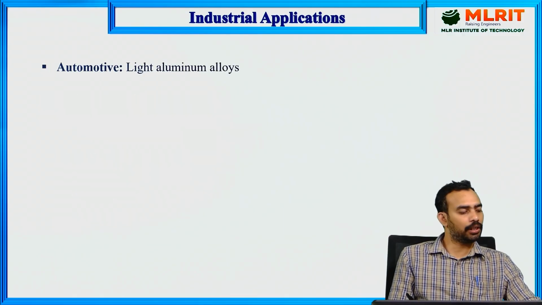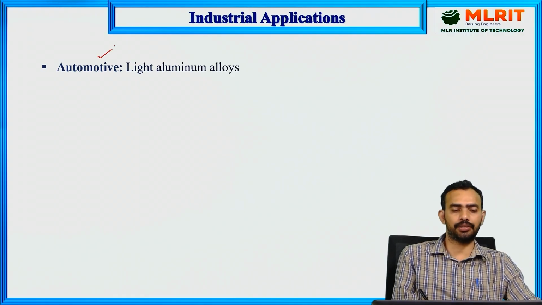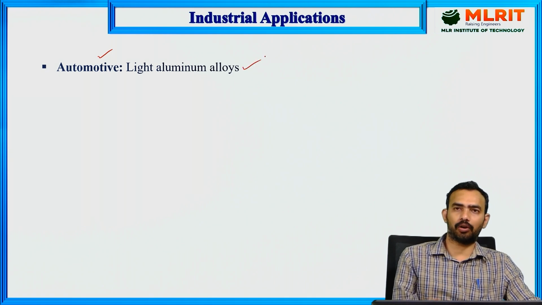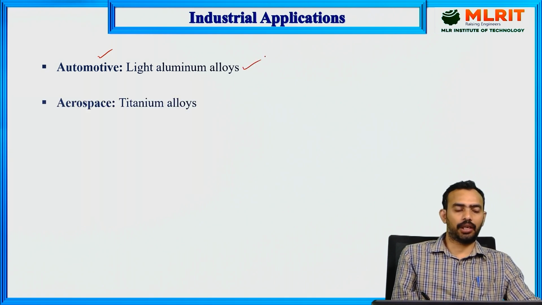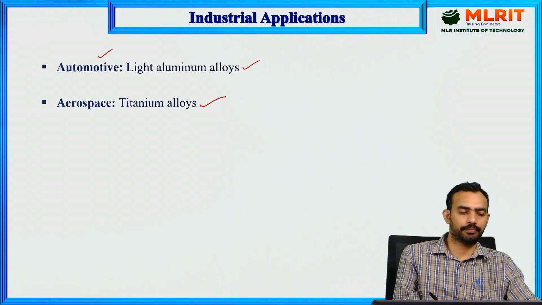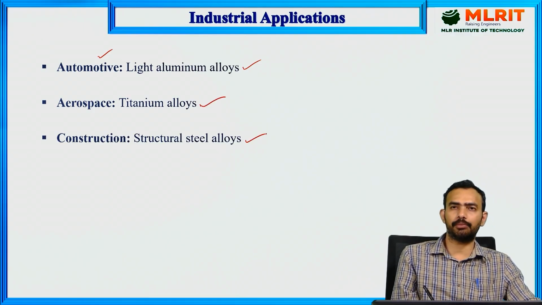Specifically, if we look at industrial applications, in the automotive industries we often use lightweight aluminum alloys. In the case of aerospace, we use titanium alloys. In the case of construction, we use structural steel materials, steel alloys.